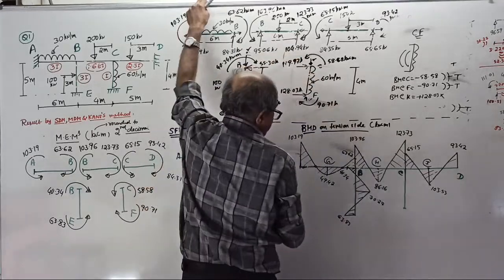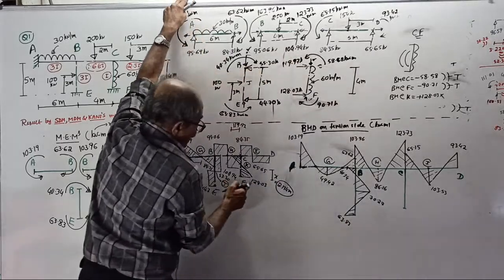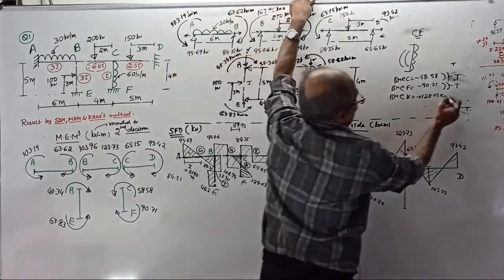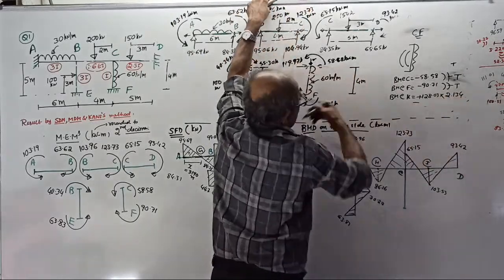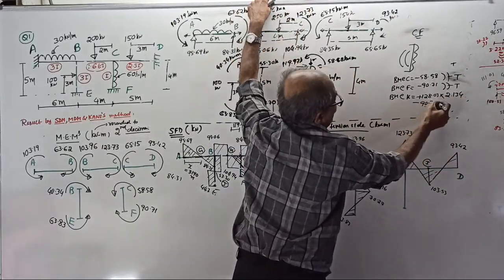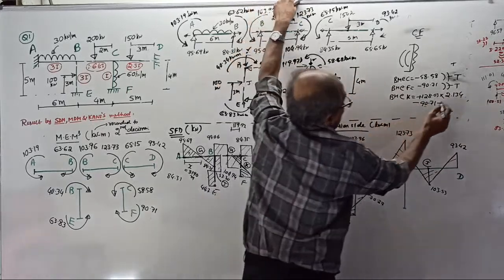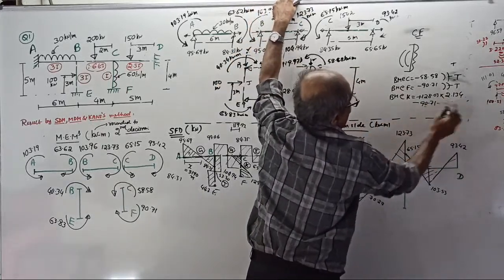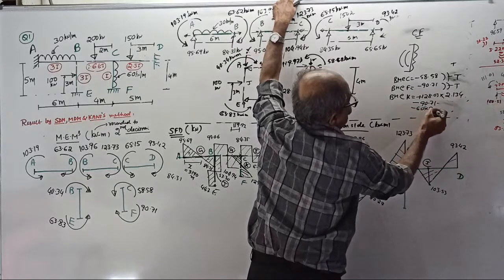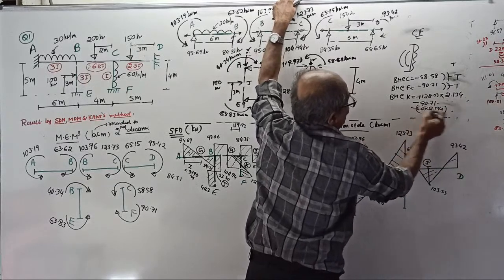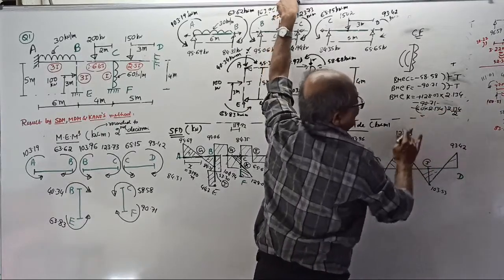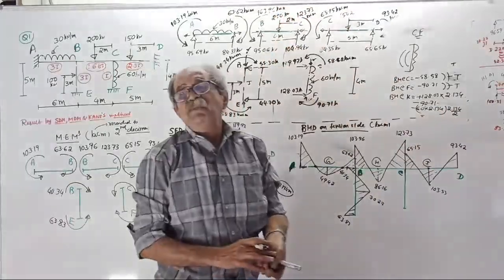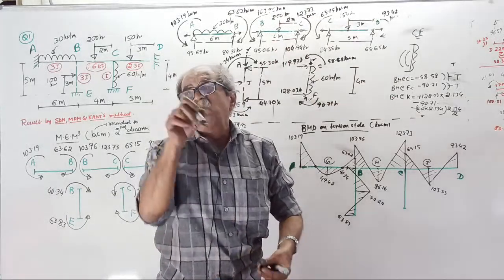The distance is here: 2.134, into 2.134, minus 90.71 minus 60 into 2.134 into 2.134 by 2. Tell the answer.